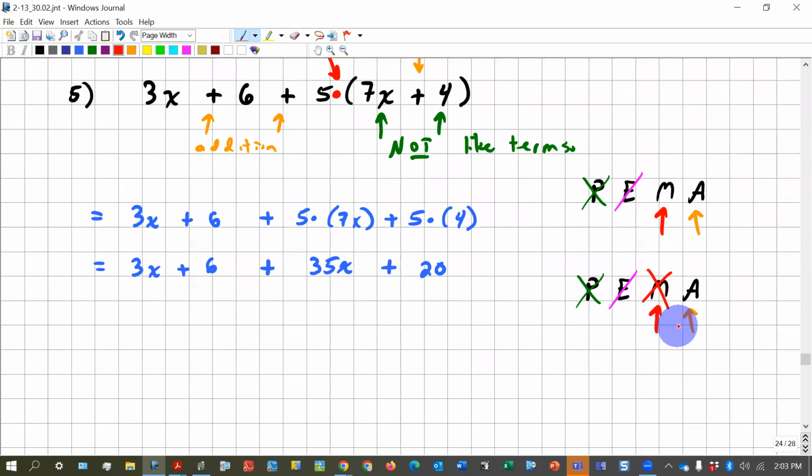Now I'm all done with my multiplications. But in order to add, I need to have like terms. The good news is I have only addition, no subtraction now. So I can reorder my terms and then think of grouping my like terms together.